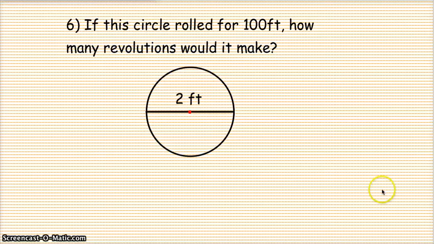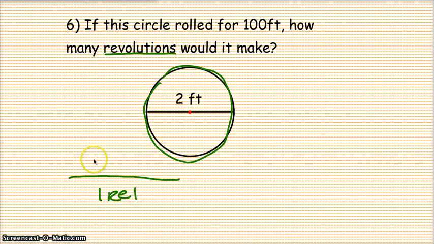Last problem. Number 6, it says if this circle is rolled for 100 feet, how many revolutions would it make? Revolution, we're dealing with how far is it actually going. Think about taking a piece of string and laying it flat. One revolution would essentially be its circumference.